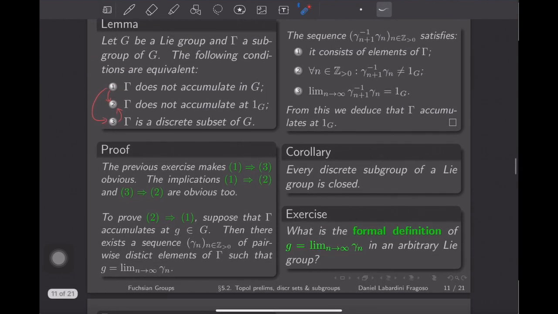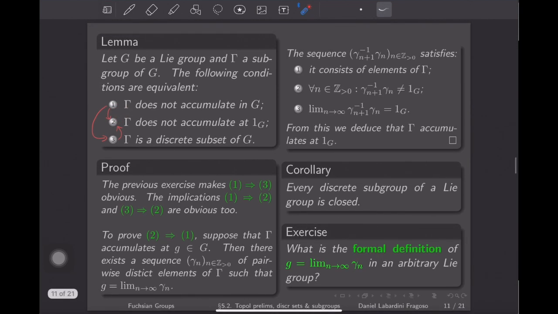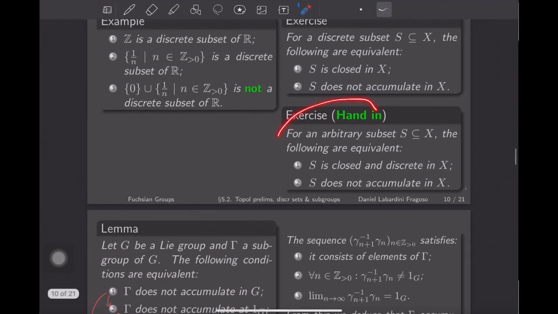Okay, and then this finishes the chain of equivalences, right? And then as a corollary, every time I have a discrete subgroup of G, that discrete subgroup automatically, by the lemma, doesn't accumulate in the whole space, and so by the exercise, it's also closed.